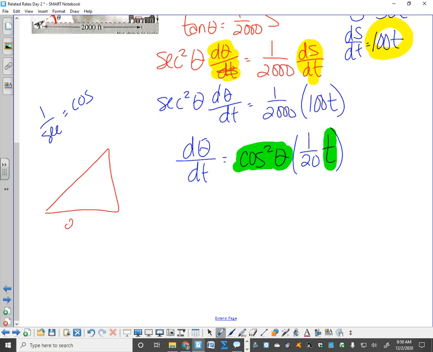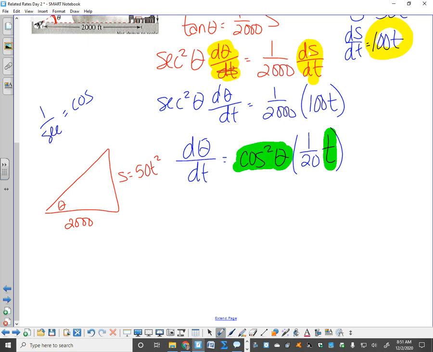All right, so let's go back to our right triangle where this was 2,000, this was S, and this is theta. Now it tells me that S equals 50t squared. So if I know t is, what is t?